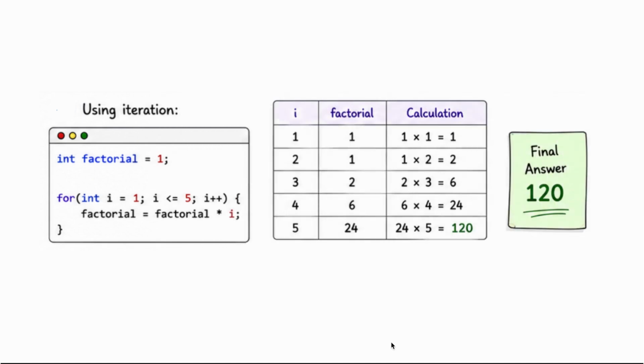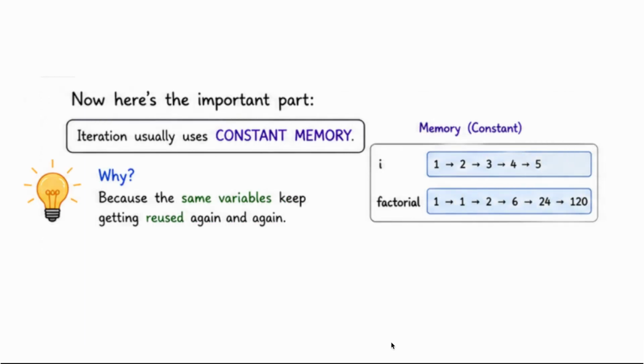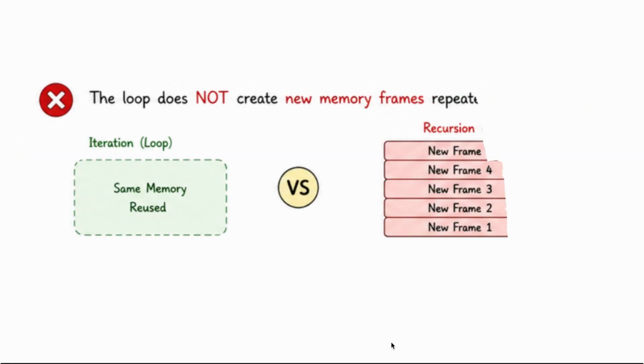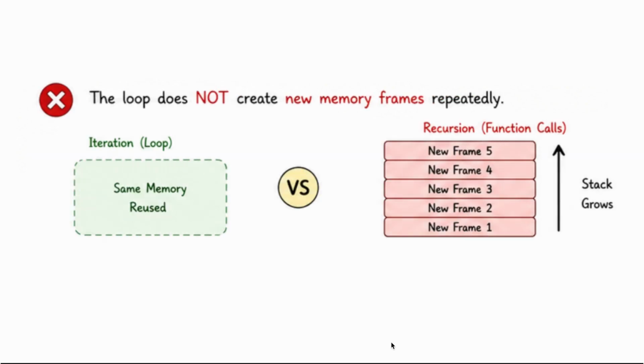The loop keeps updating the answer, and iteration uses constant memory, right? Why? Because the same variable keeps getting reused again and again, and the loop does not create any new memory frames repeatedly. And this becomes extremely important later.